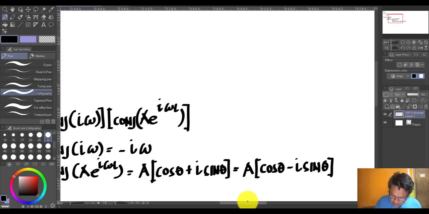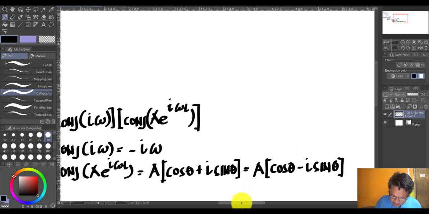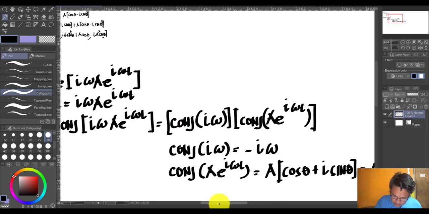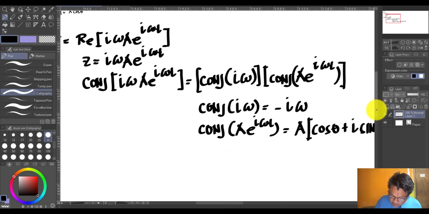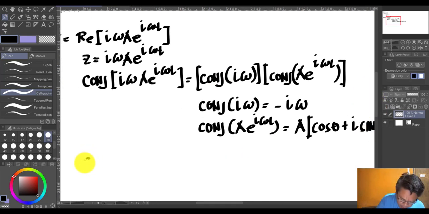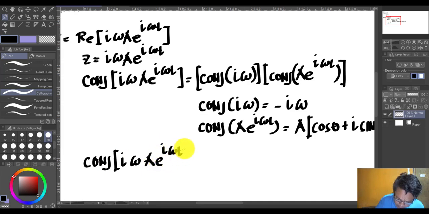Then I can substitute this one to my whole equation for this one. So I can rewrite my conjugate, my I angular A E I angular times time, so this is the value will conjugate, that will be negative I times the angular.